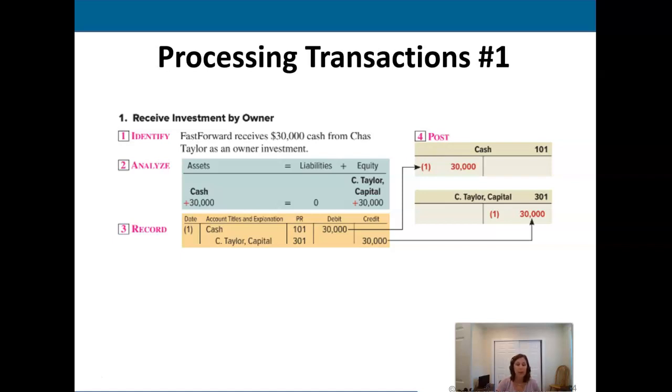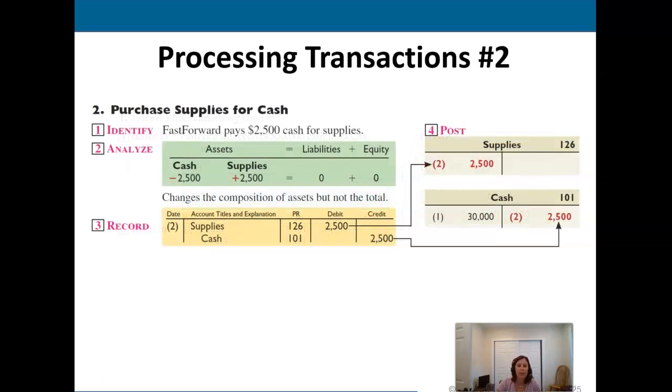So it's actually really common to analyze a transaction and to see somebody just mark out some T accounts, because for people who are visual in this way, this is an easy way to make sure that everything is recorded properly.